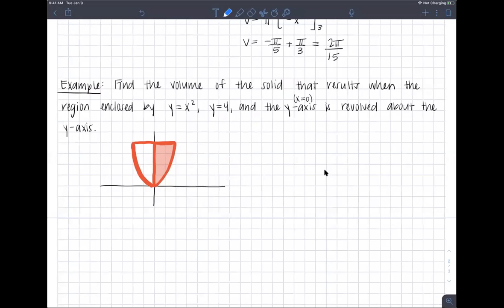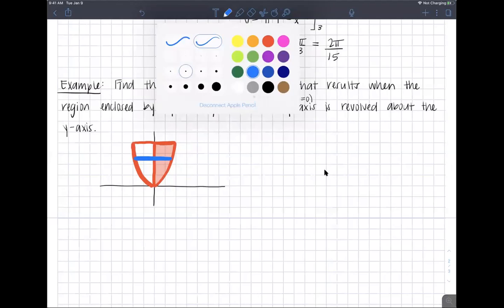If you tried to take vertical cross sections still, when you pull this shape out, you're not going to get a circle. You're going to get some weird looking thing, right? And so you take cross sections perpendicular to your axis of revolution because that guarantees that it's going to be a circle, right?